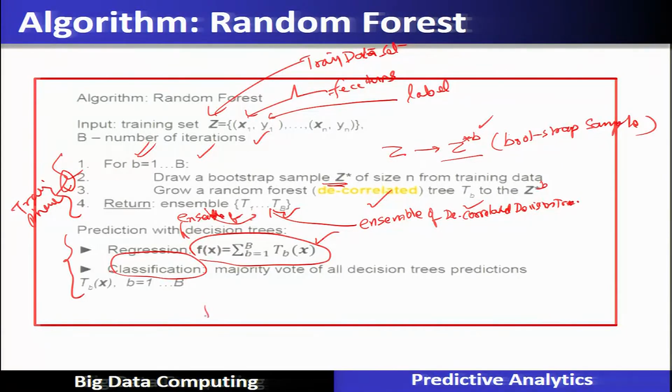Let us see an example. Classification will require the categorical output from every ensemble tree. Let us say this ensemble of trees is represented by tree number 1, tree number 2, and tree number 3.